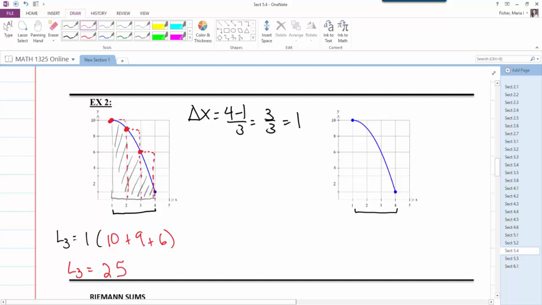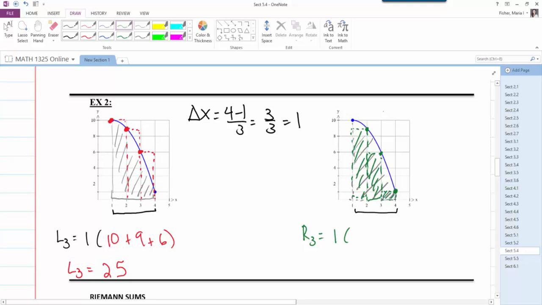Now let's do the same thing for my right endpoints over here. So again, we're computing this area here, but now we're going to use our right endpoints. My right endpoints in this case are going to be this one for this rectangle, here for this rectangle, and then here for this rectangle.